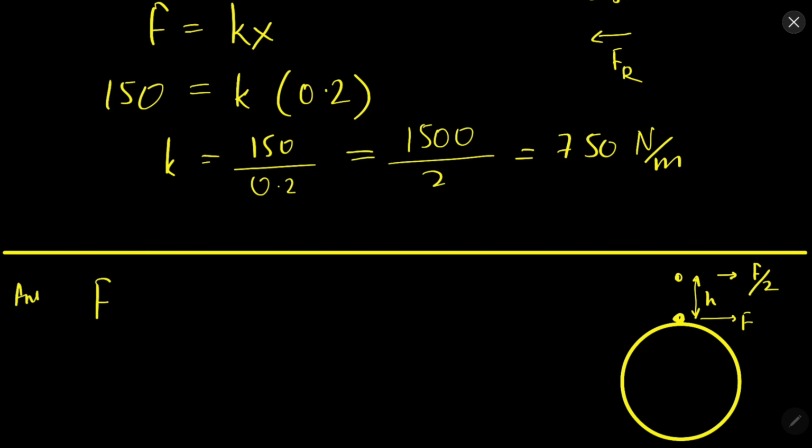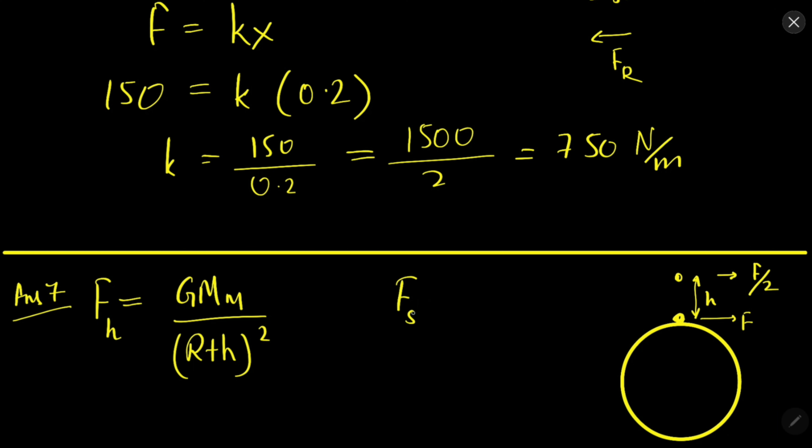So force will be G M m upon (R plus h) whole square, and this is at height h, and at the surface the formula will be G M m upon R square. This is R and this is height.